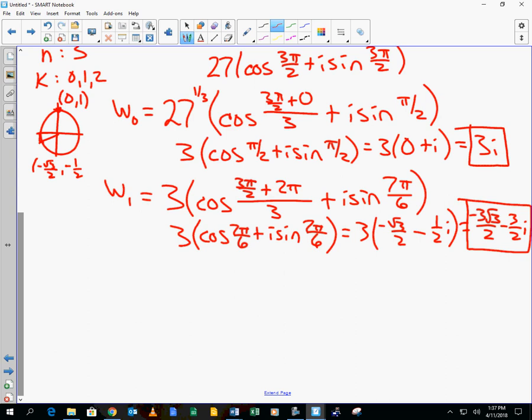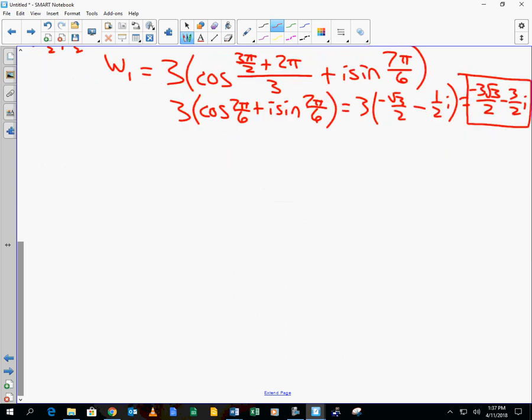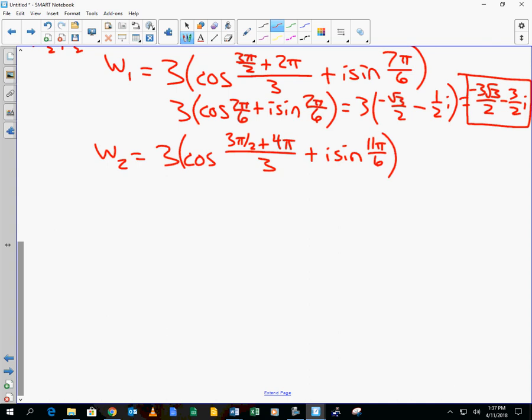So I have 2 solutions. Now what? W sub 2 is 3 cosine of pi over 2 plus 4 pi over 3, plus I sine of 3 pi over 2 plus 4 pi, 11 pi over 2 divided by 3, 11 pi over 6.